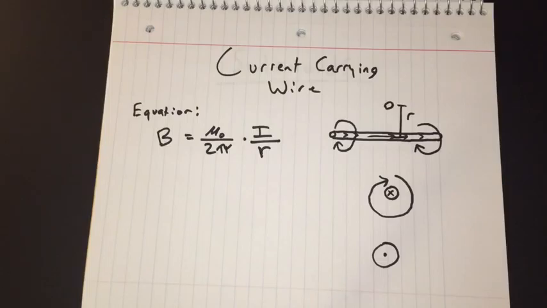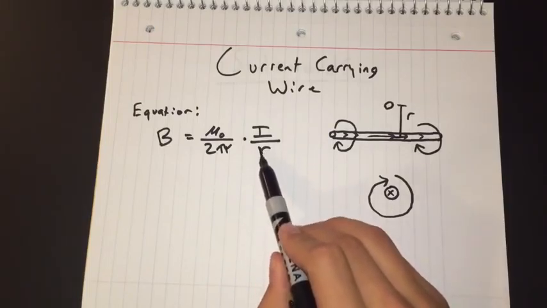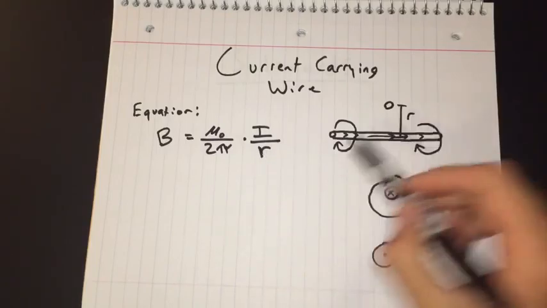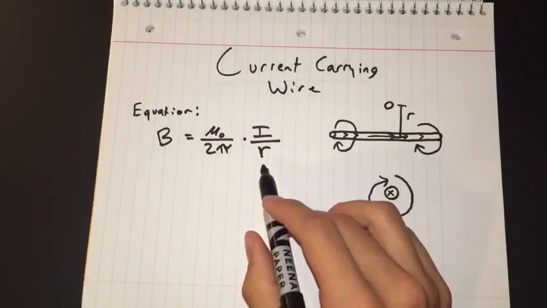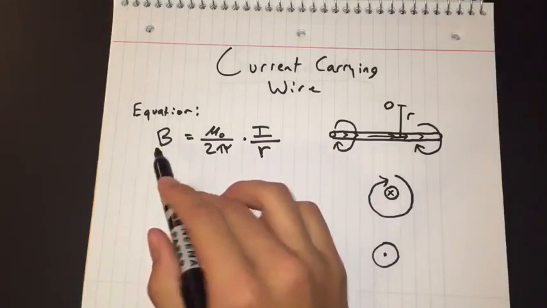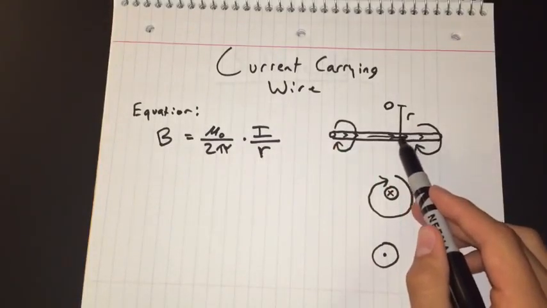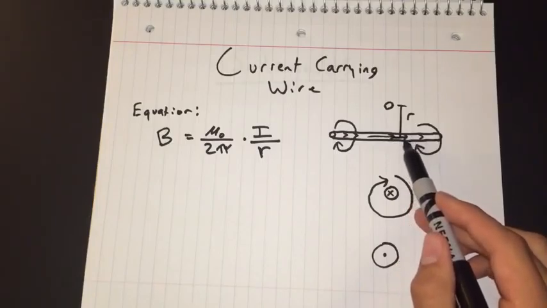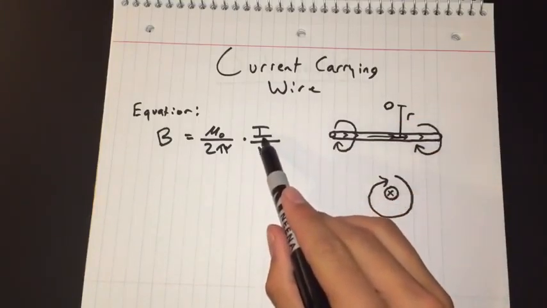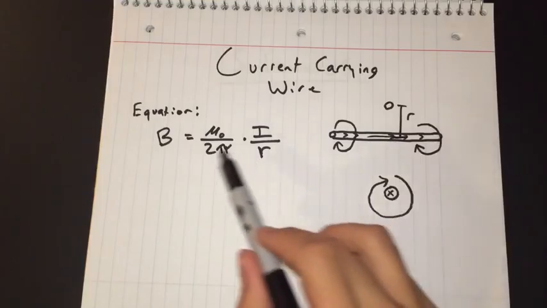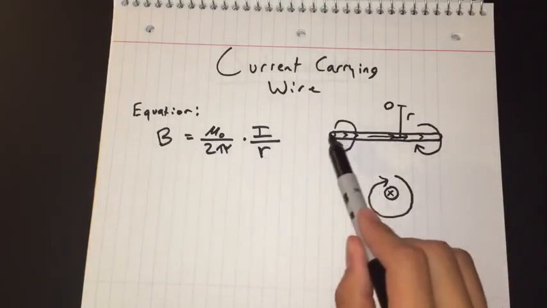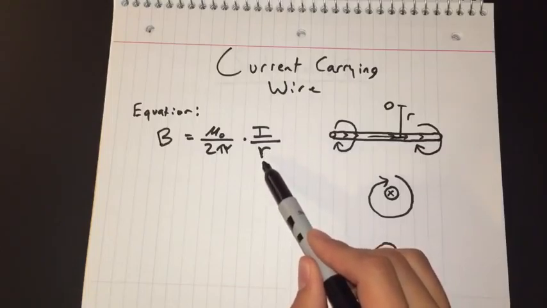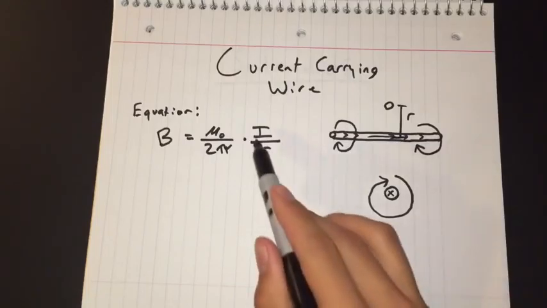And you can see that as the radius gets larger, this expression gets smaller. So the field likewise gets smaller. And as the current goes up, the magnetic field also goes up. You can see that here.